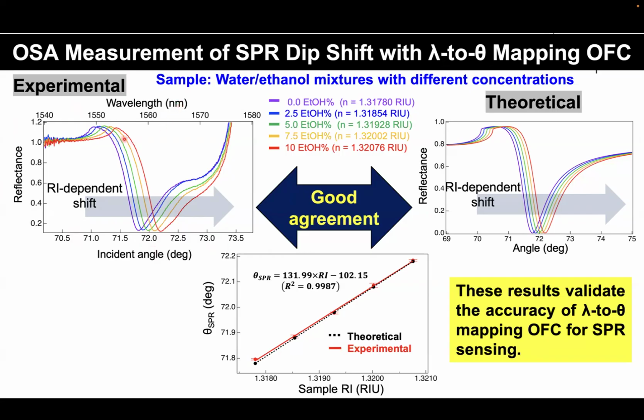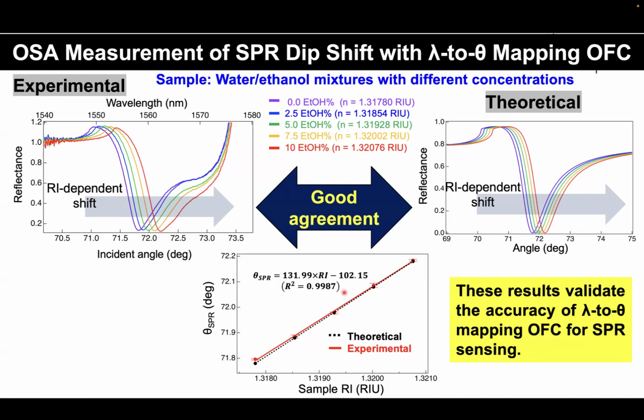We confirm the spectral dip appears around 72 degrees, and such a dip shows RI-dependent shift like here. In this experiment, we use a water-ethanol mixture with different concentrations as a sample. Top right shows the theoretical prediction. Although the spectral shapes are a bit different, the RI-dependent shift follows a similar trend.